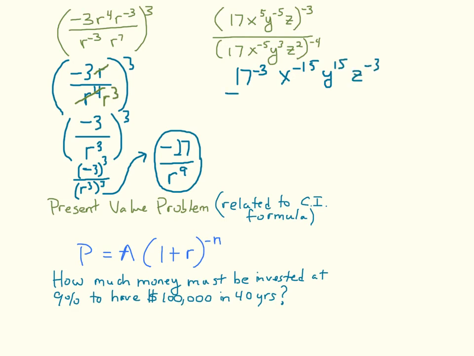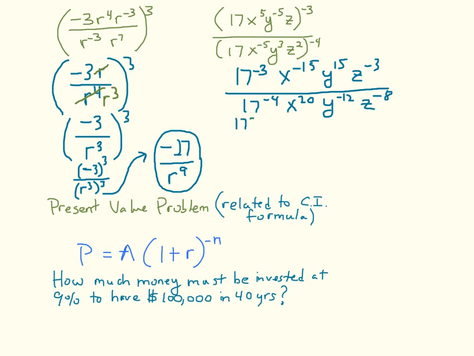That's the numerator. In the denominator, I'm going to have 17 to the -4th, x to the 20th, y to the -12th, and z to the -8th.